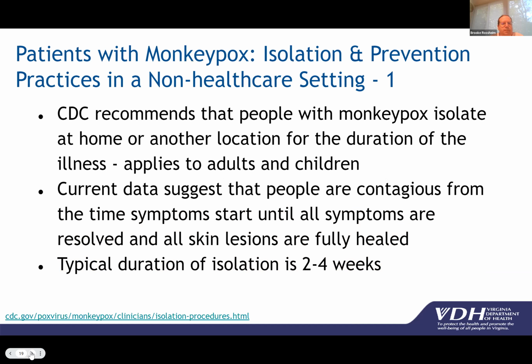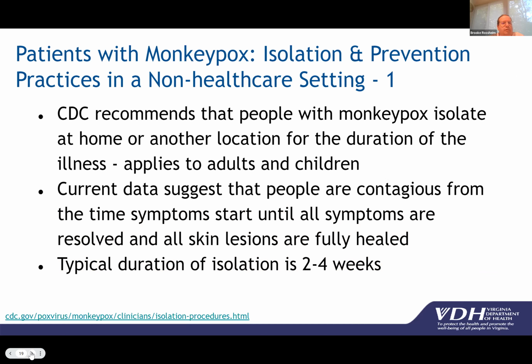So let's change a little bit and talk about infection prevention and control practices in a non-healthcare setting, such as a home. CDC recommends that people with monkeypox isolate at home or another location for the duration of the illness. And this applies to adults and children.